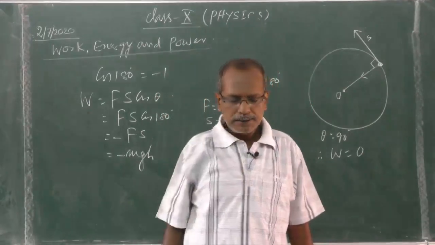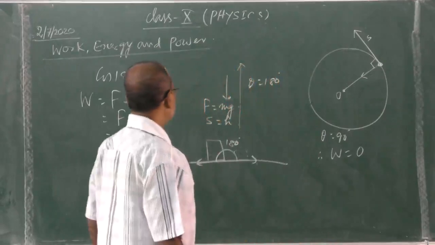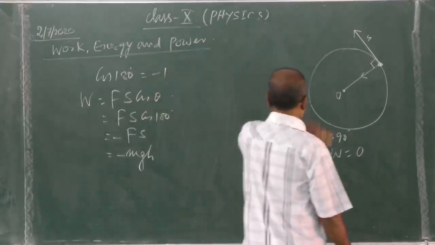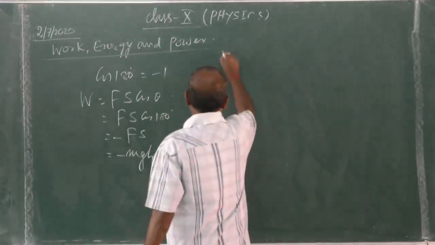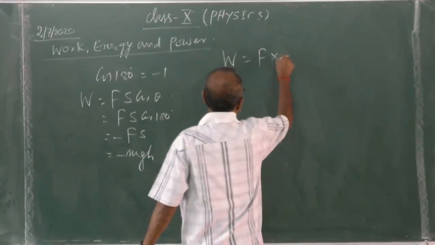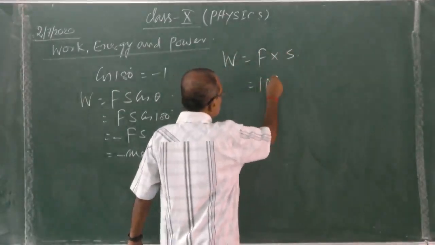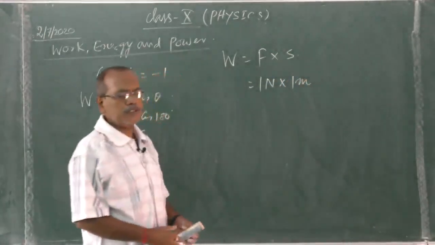Next, unit of work. So the SI unit of work is joule. How? Because work done is equal to force into displacement. Say a 1 Newton force displacing a body through 1 meter.